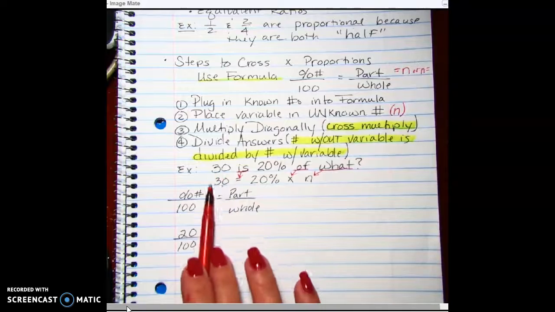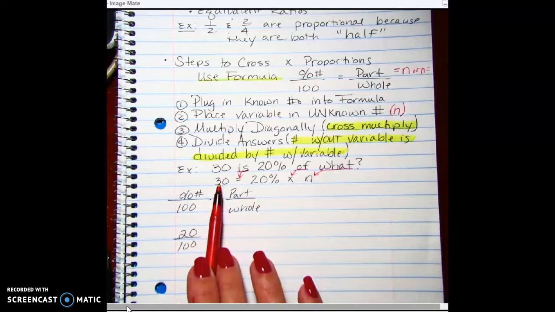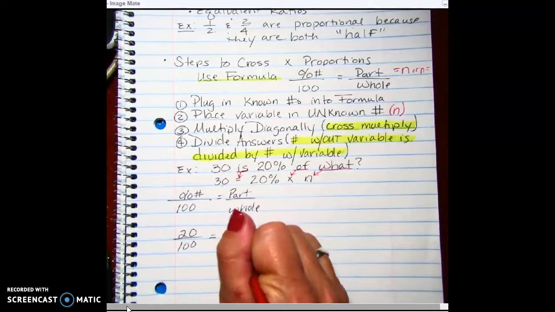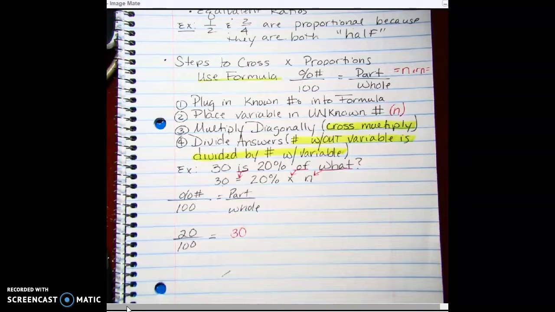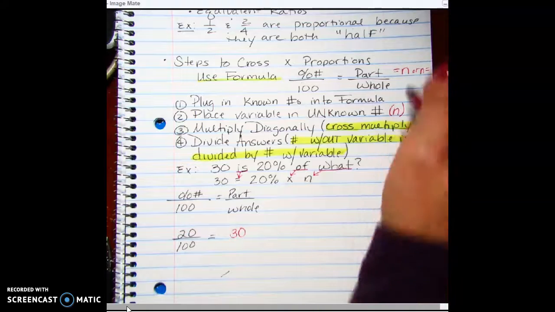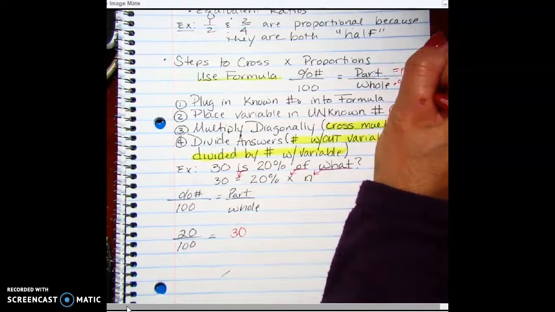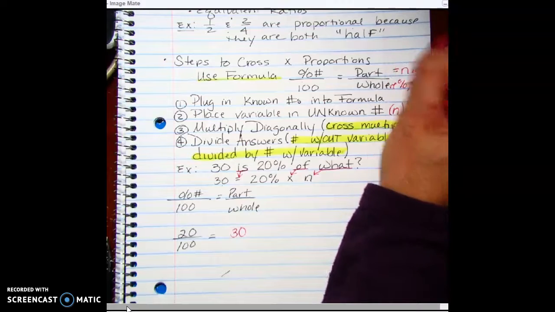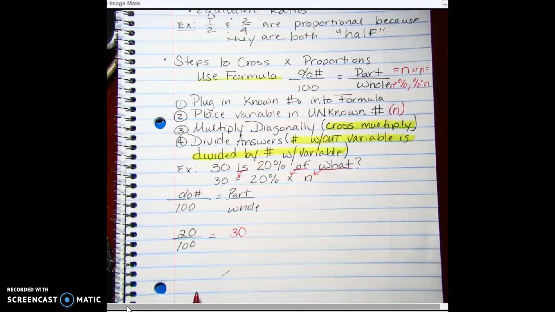We have this part. There's the equals, that number. So actually, that is my part. So my whole is whatever is multiplied by the percent, or it's percent multiplied by n, so it would be the number multiplied by the percent. So that is how you can decide which is which.